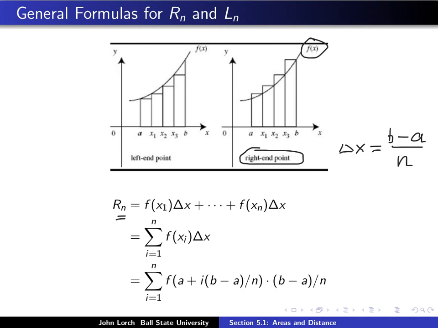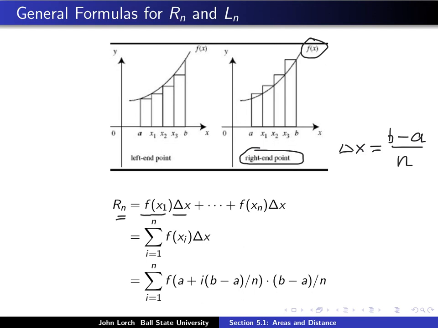Each rectangle is going to have a base delta x, and the height of each rectangle is going to be found by evaluating f at one of these x's that sits in this partition of the interval from A to B that we made by dividing the interval up into n pieces.